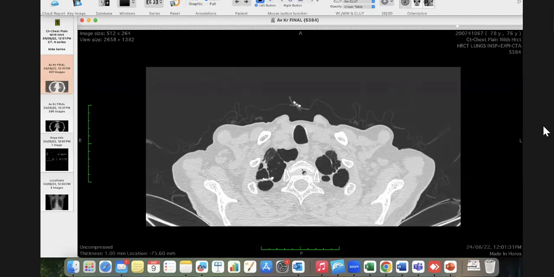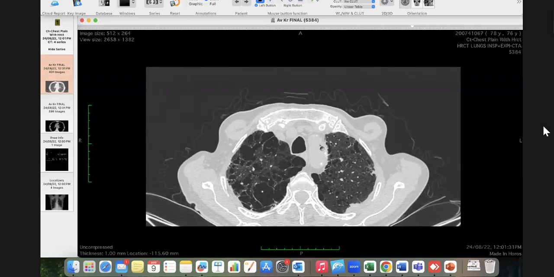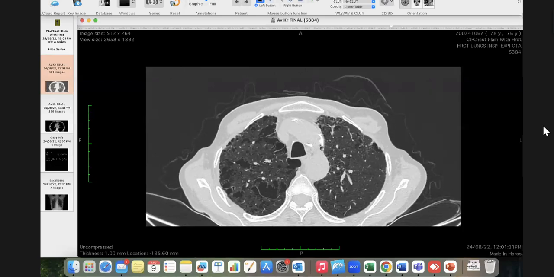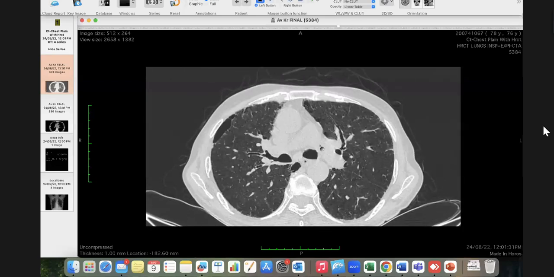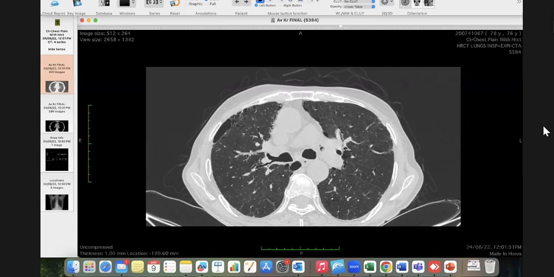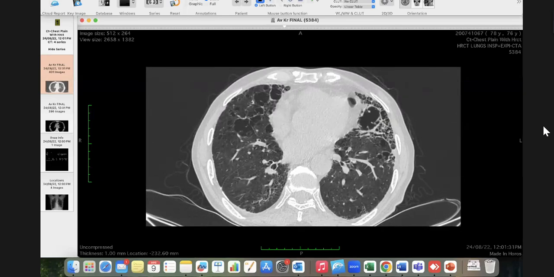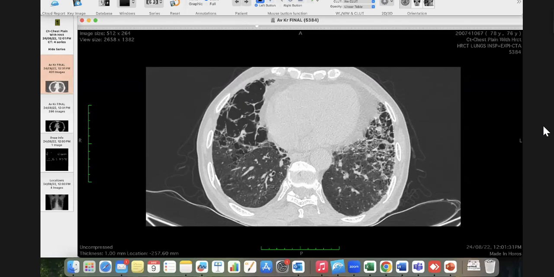There are large areas of emphysema, paraseptal as well as centrilobular, associated with fibrosing lung disease and honeycombing as we go down to the lower lobes.